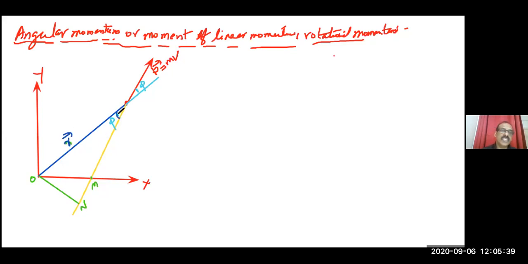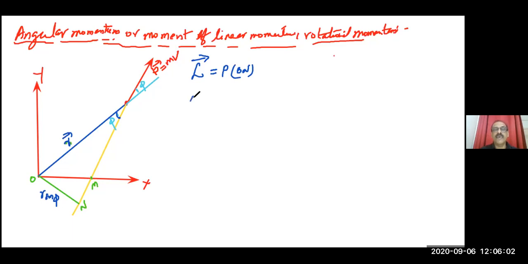Already we know if this is phi, this is R, opposite side will be R sine phi. So angular momentum is marked by the letter L. That's equal to linear momentum into perpendicular distance ON.